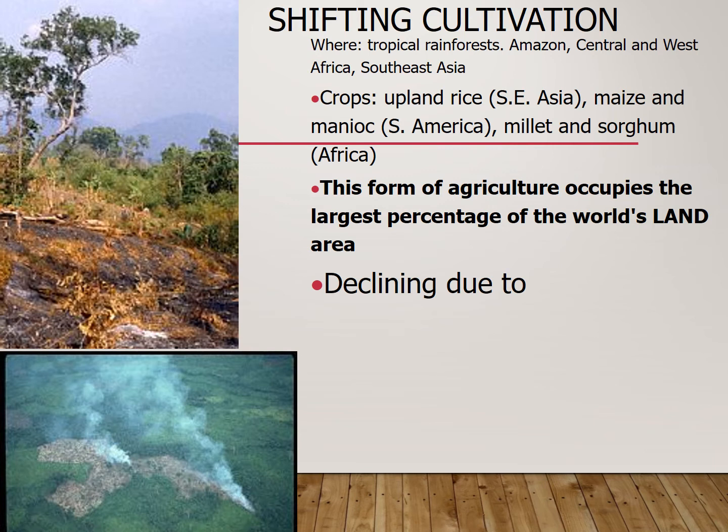Here's the claim to fame for shifting cultivation. It occupies the largest percentage of the world's land area. That's a big deal, and it's especially a big deal when you think about how important this land is. This is the land that has trees on it. This is the land that is contributing to giving all of us around the world a better environment.